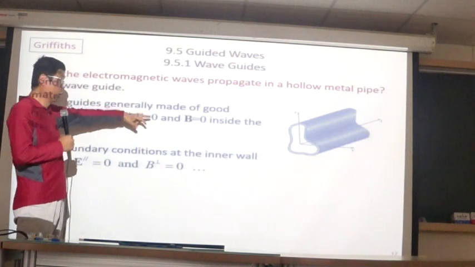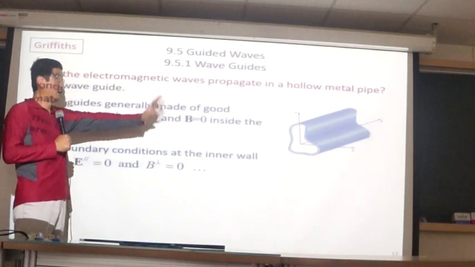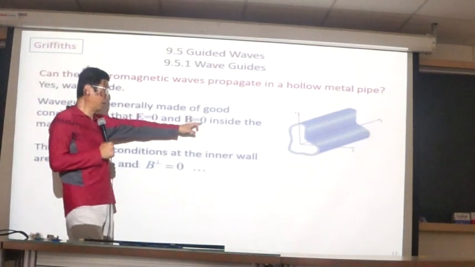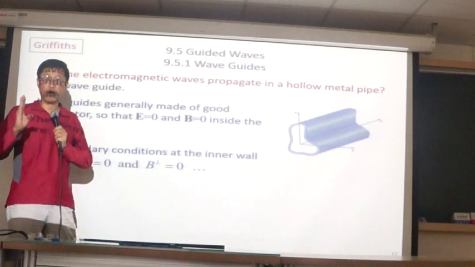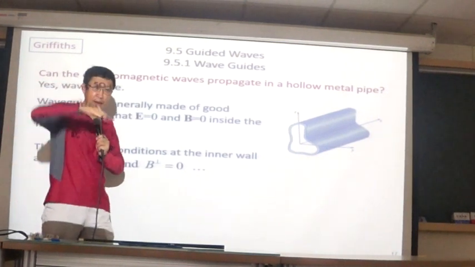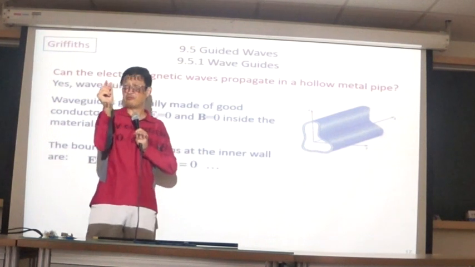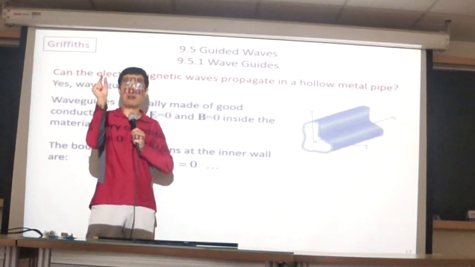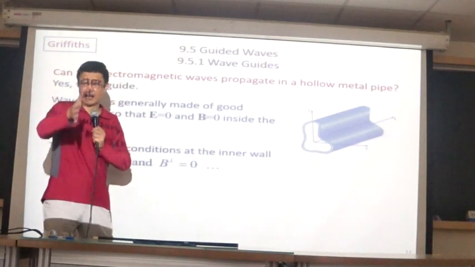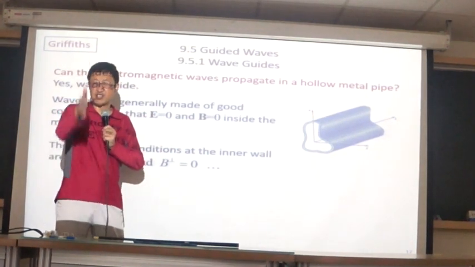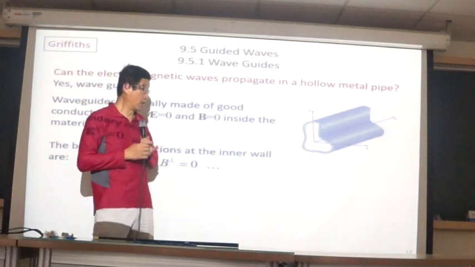Okay, we know that's a good assumption. Inside the waveguide, nothing. No E field, no B field. But now we know the wave will slightly penetrate into the waveguide, slightly, a few microns only, so it just terminates on the surface of the metal.